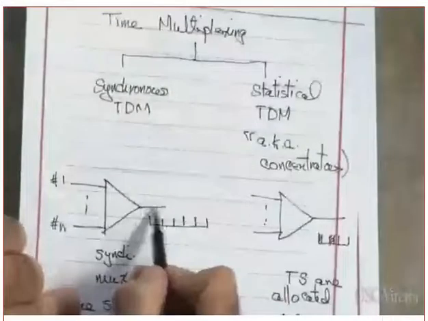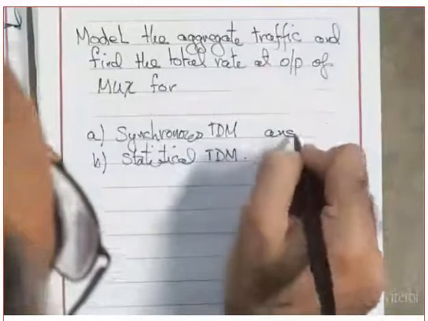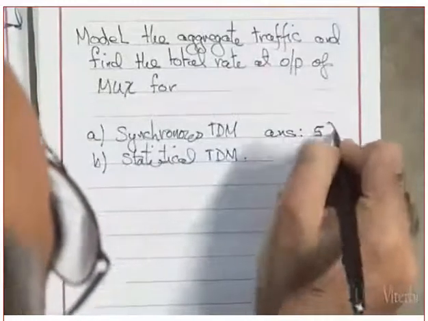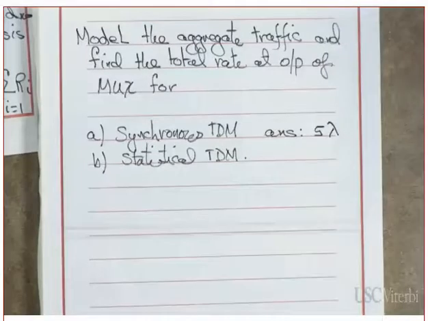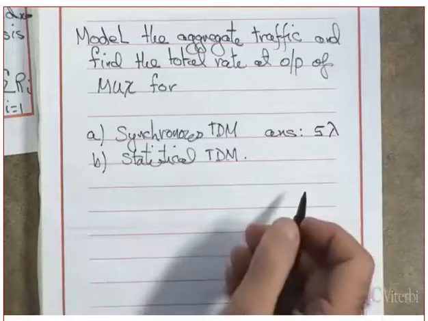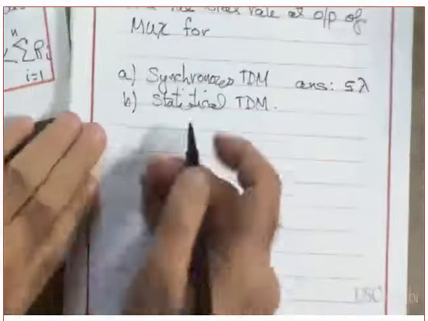How much do we need? Here the answer is 5 lambda. We need the rate of the synchronous multiplexer to be 5 lambda. Did you get where this came from? Yes? Okay, good.